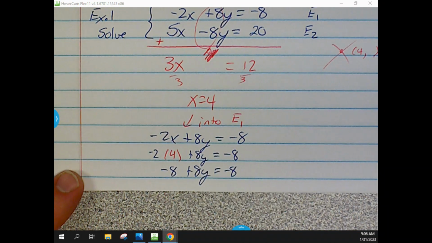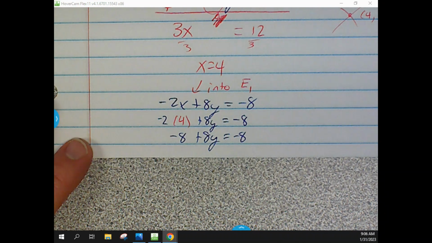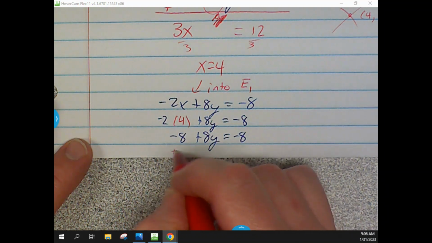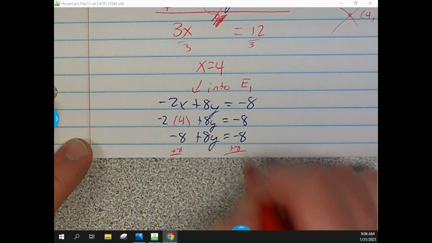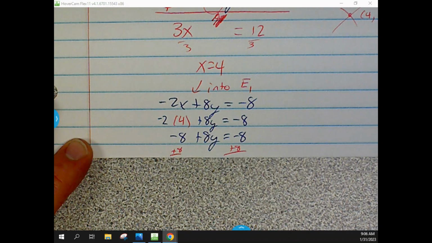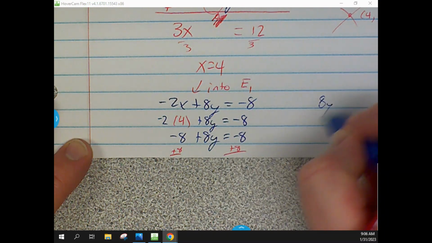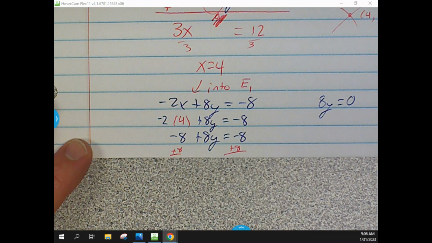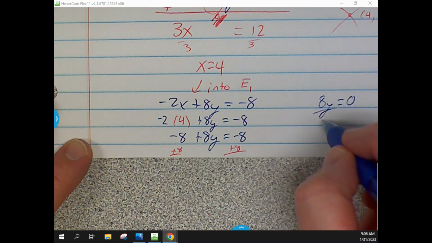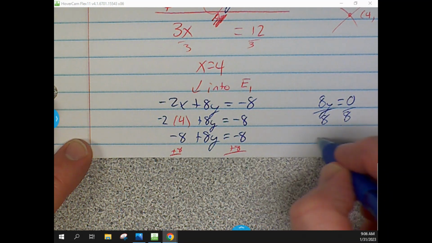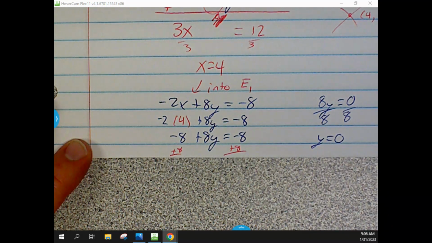A lot of 8's there. We got the y over here, so I'm going to add 8 to both sides. So that's going to leave us with 8y equals 0. And if you divide by 8, that's still just y equals 0.